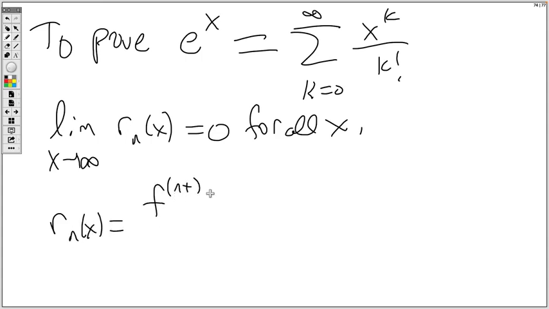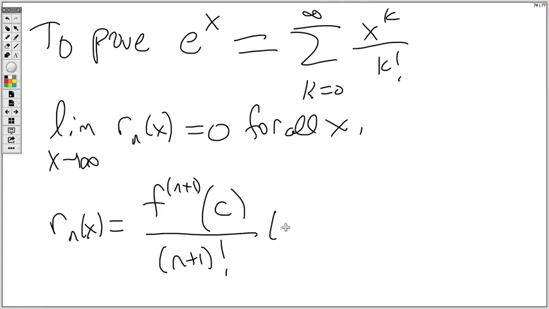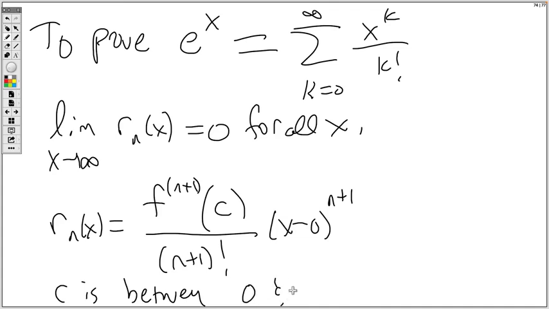Once again, the remainder theorem looks like the first term you would leave off, except instead of plugging the center in, we're plugging in some value c, where c is between 0 and x.